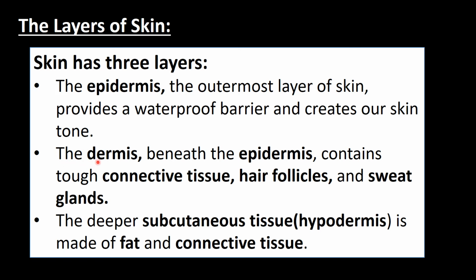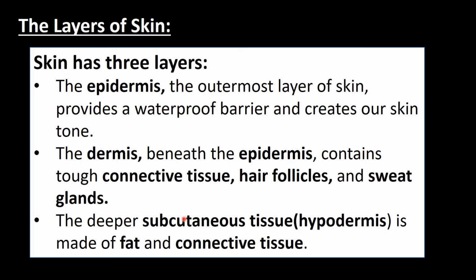The second layer is the dermis. Where is the dermis? It lies beneath the epidermis. What does it contain? It contains the connective tissue. Remember, connective tissue is one of the types of specialized tissues present in your body. It also contains the hair follicles, as I have told you, hair grows from it, and the sweat glands which produce the sweat.